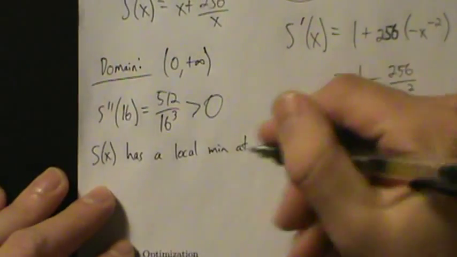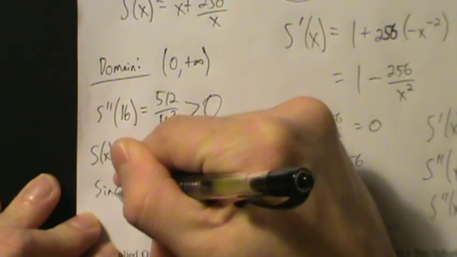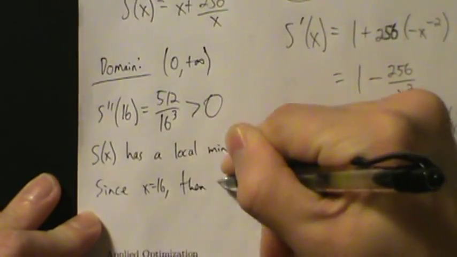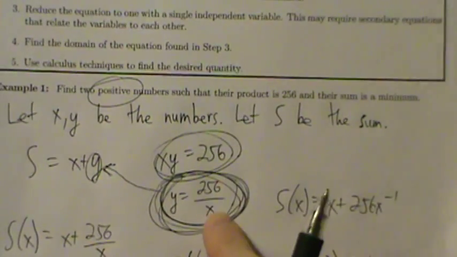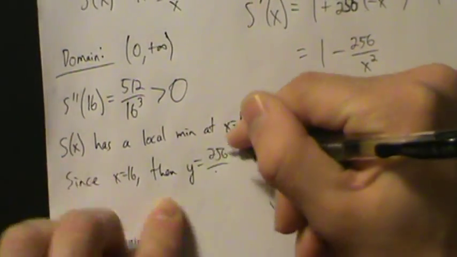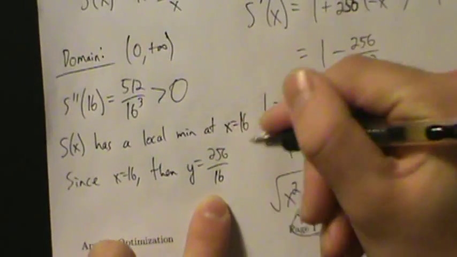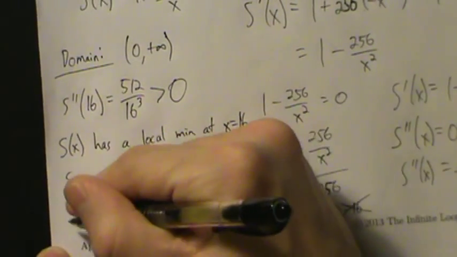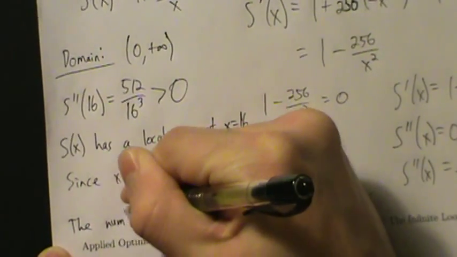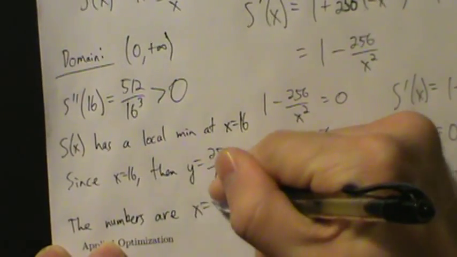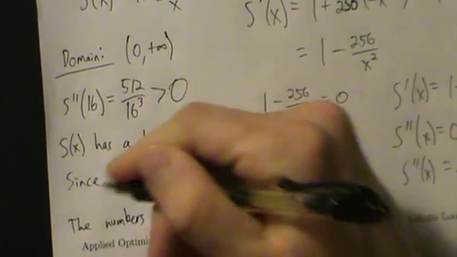Since x equals 16, then y equals 256 over x. In this case, x is 16, so y equals 256 over 16, which is 16. So the numbers are x equals 16 and y equals 16.